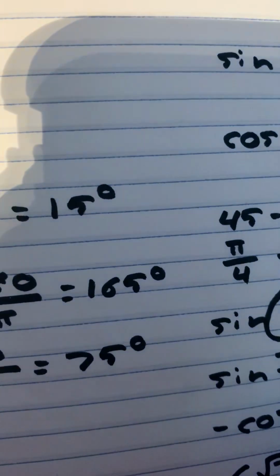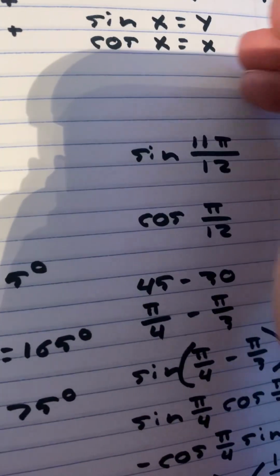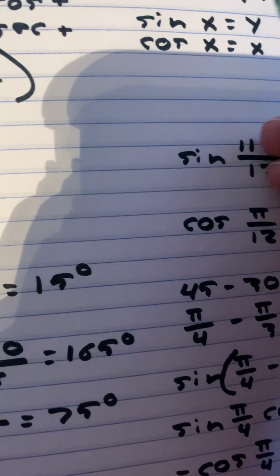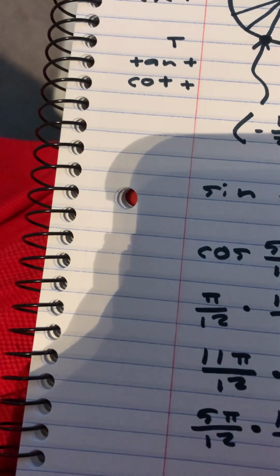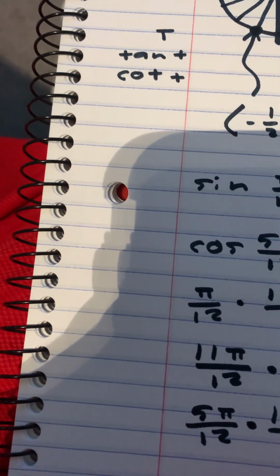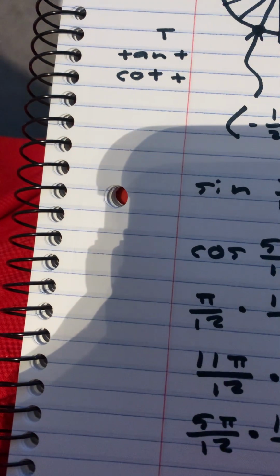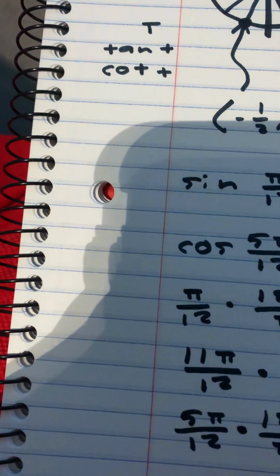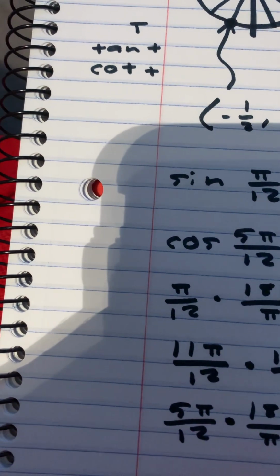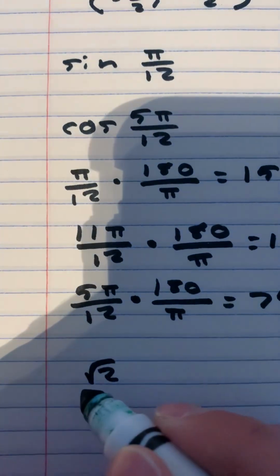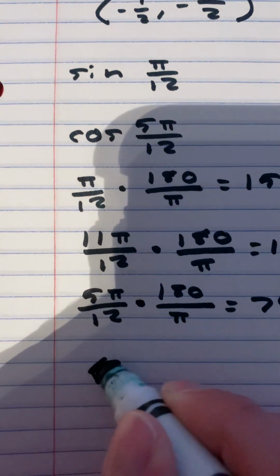Well, sine, cosine, cosine, sine. The sine of pi over 12 should be positive, though. So this is not the square root of 2 in front.